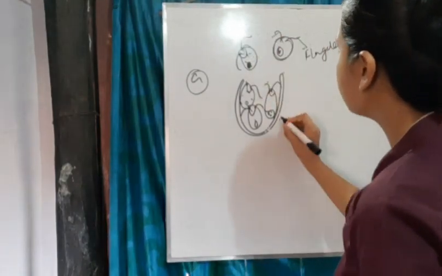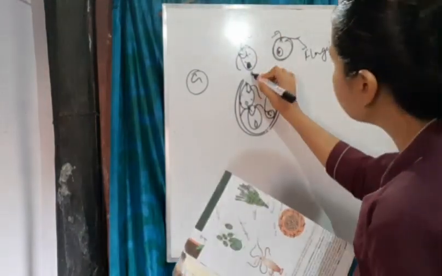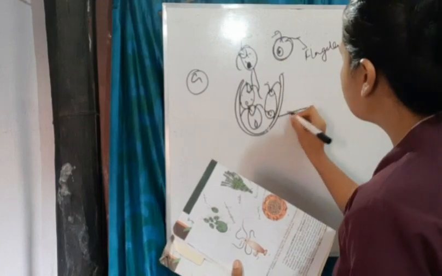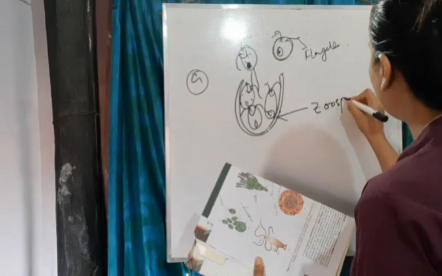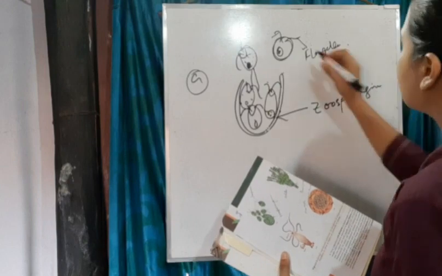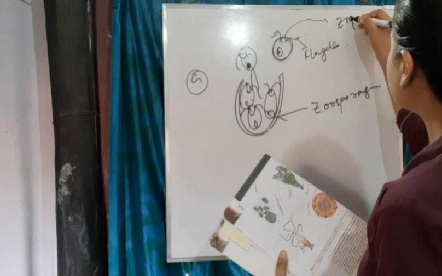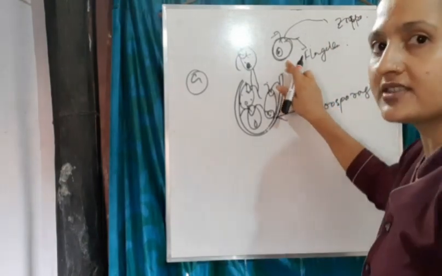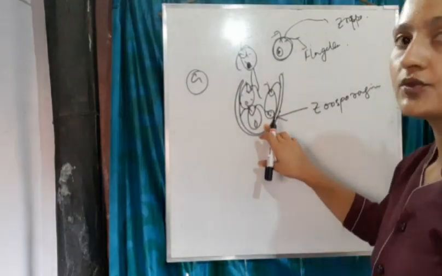This is Chlamydomonas. This is called the zoosporangium. This is called the zoospores. So zoospores are formed in the zoosporangium, okay.